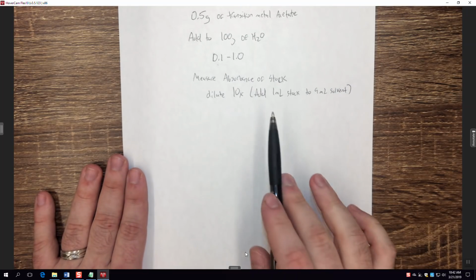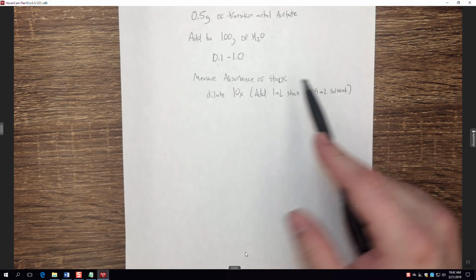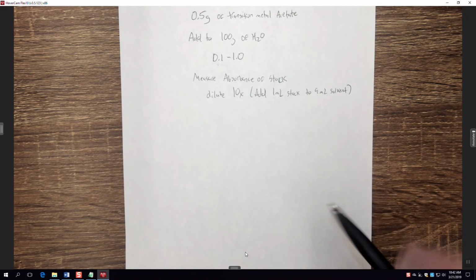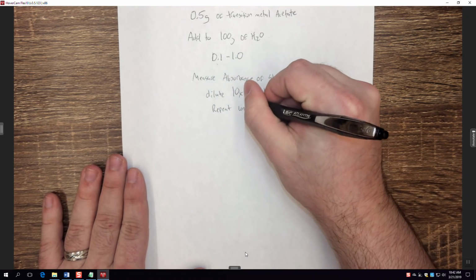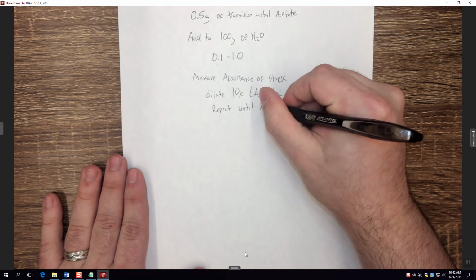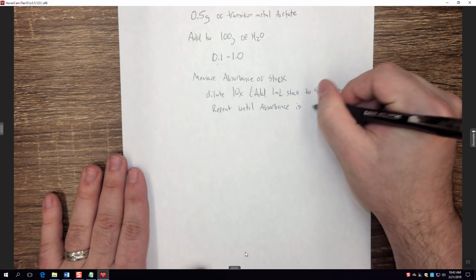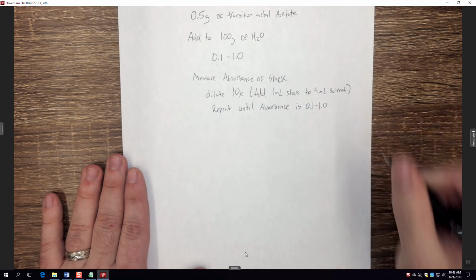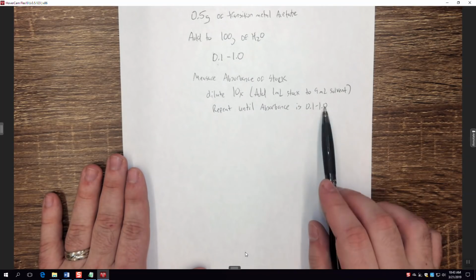So diluting it with 1 milliliter to 10 milliliters total volume will dilute the concentration of your solution by 10 times and bring it closer to this range. And then you're going to repeat until your absorbance is 0.1 to 1. So you'll repeat this process of diluting 10 times until your absorbance falls on the linear range.